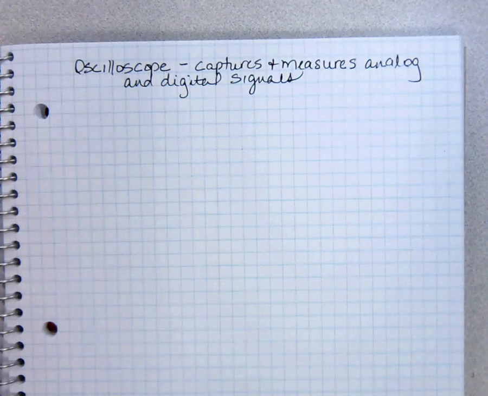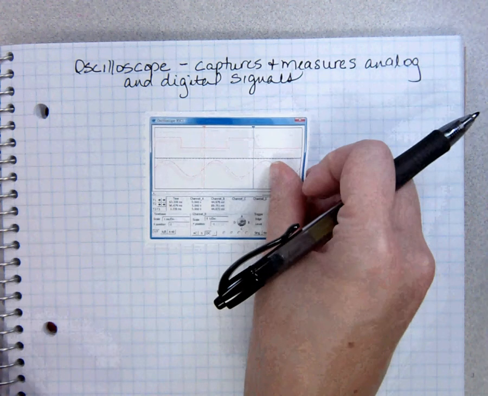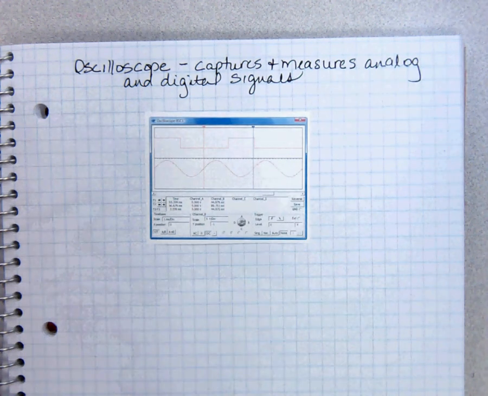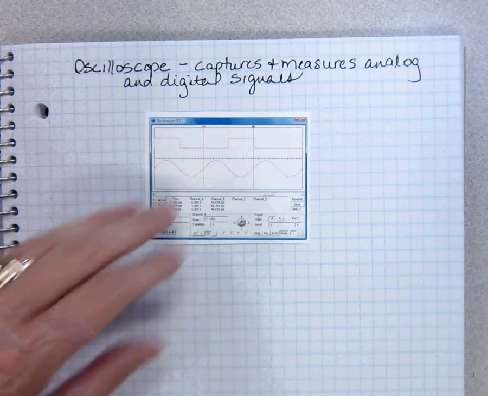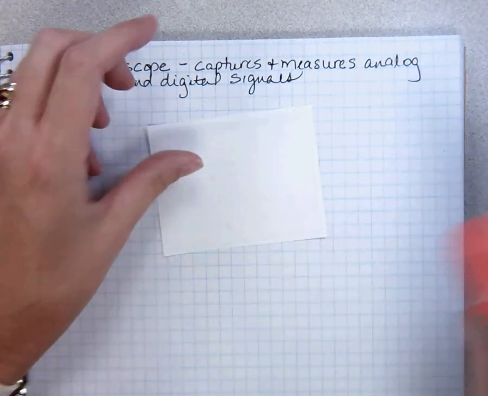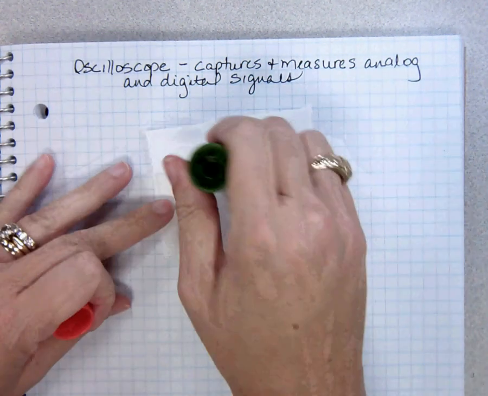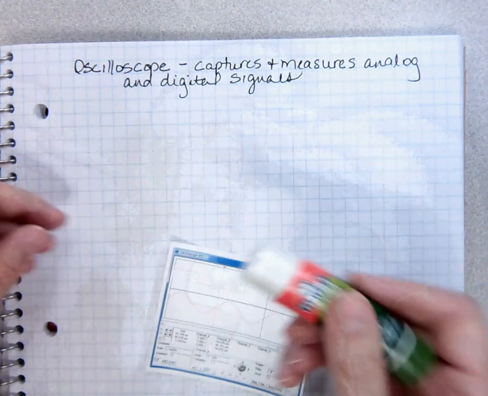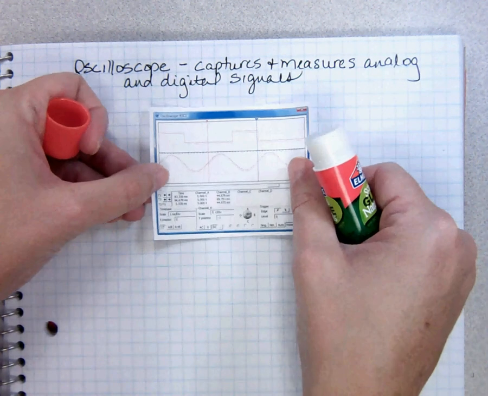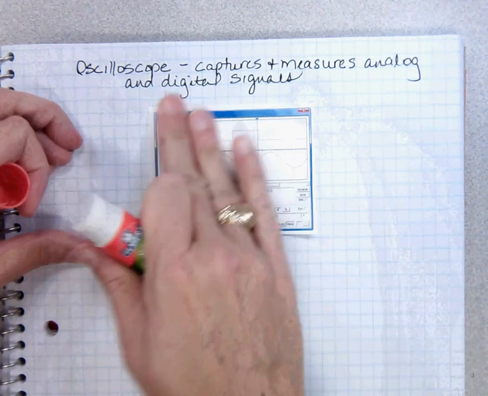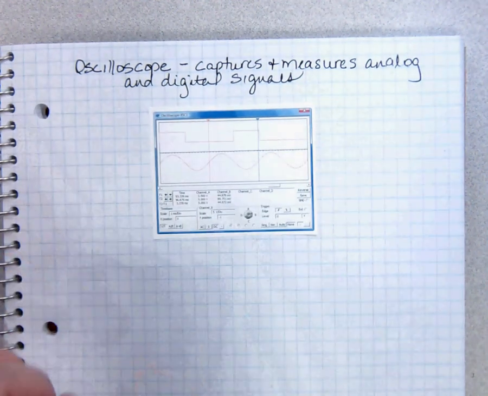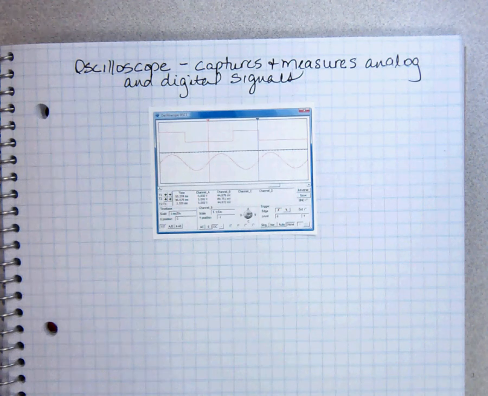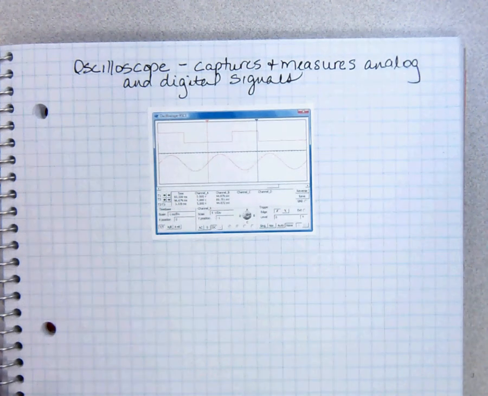Okay, so you should have this picture here to put in your notebook as well. This is what an oscilloscope looks like when you're using Multisim. You can find the oscilloscope under the measurement tools, the same place you found the multimeter.